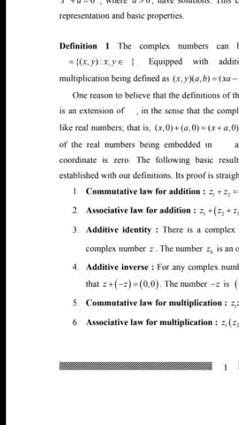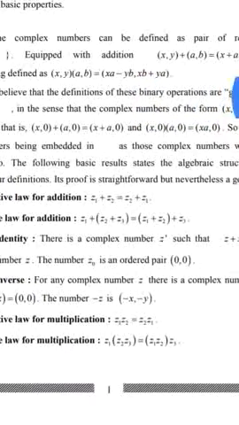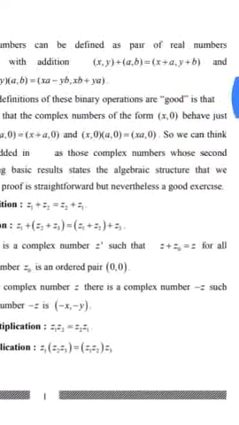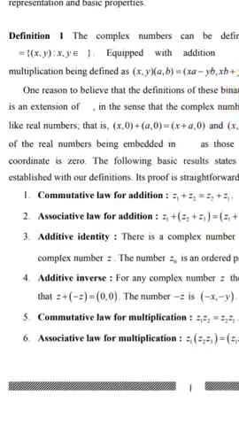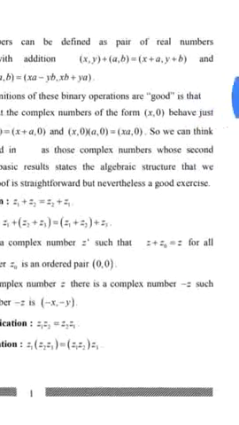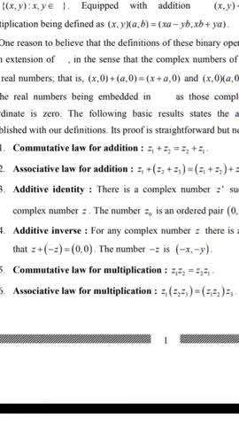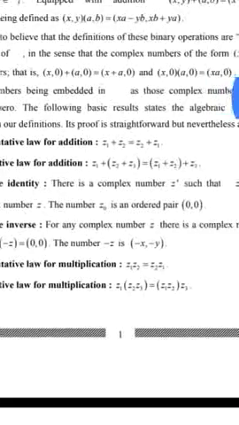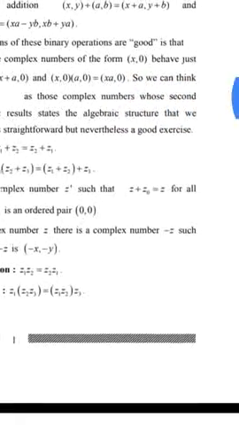One reason to believe that the definitions of these binary operations are good is that C is an extension of R, in the sense that complex numbers of the form (x, 0) behave like real numbers: (x, 0) plus (a, 0) is equal to (x plus a, 0), and (x, 0) into (a, 0) is equal to (xa, 0).